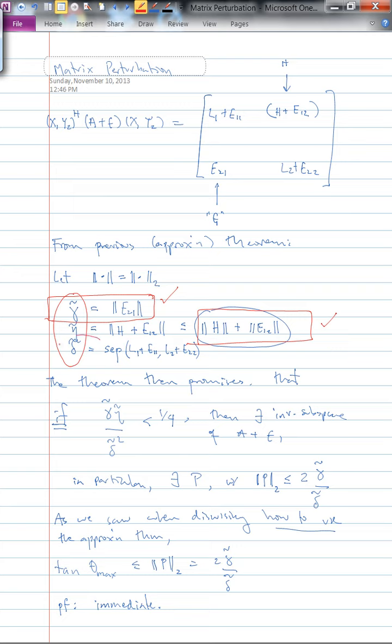So basically the last offending thing here is delta, because delta is the separation between L1 plus E11 and L2 plus E22. So while the theorem, of course, still holds, this expression is not ideal. So we need to fix that.